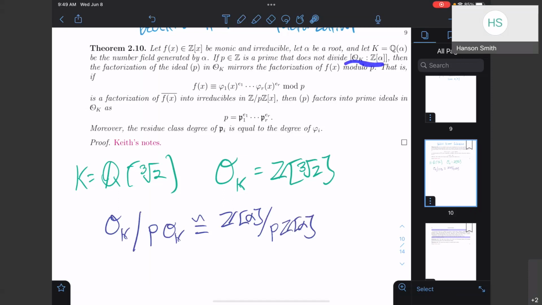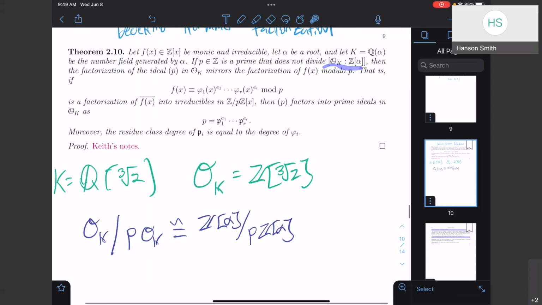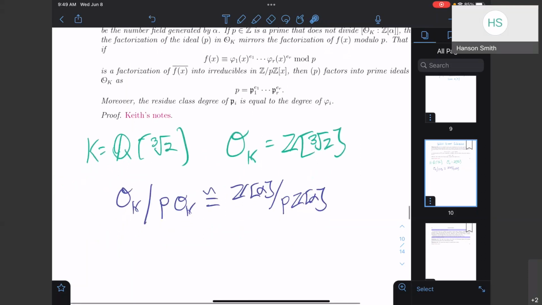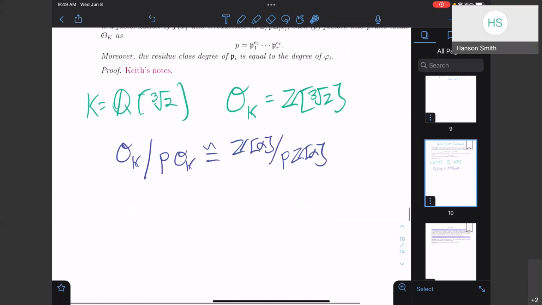P doesn't divide this index, so P doesn't know that Z adjoined alpha isn't the full ring of integers. As far as P knows, Z adjoined alpha is the full ring of integers. You know, it's the other primes where Z adjoined alpha is an issue. Okay, so once I have this lined up, we can kind of think of the Chinese remainder theorem, the so-called Sun Tzu's theorem.